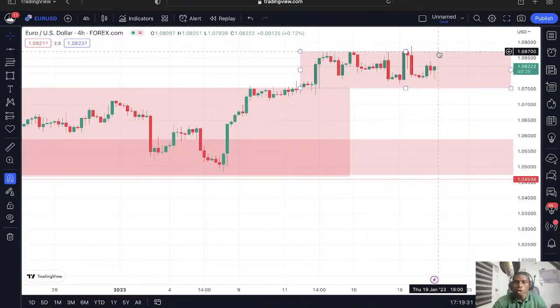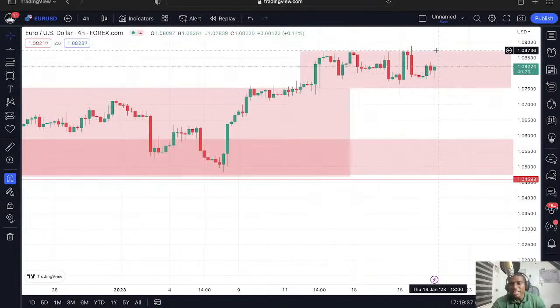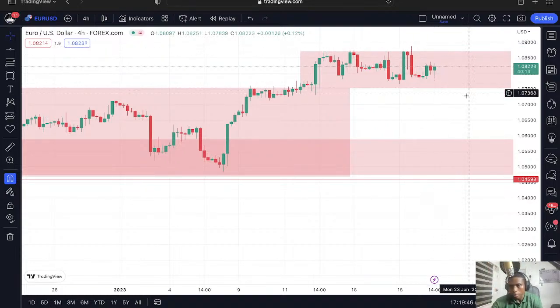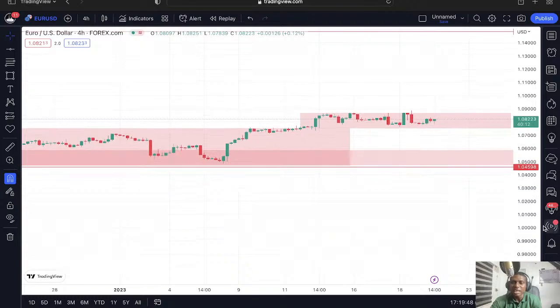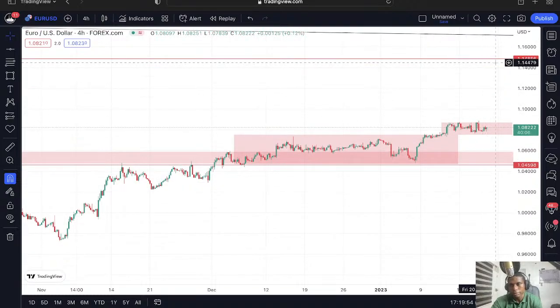As price is consolidating within this region, the next breakout out of here, market goes up, and the next target line would be as far as here.